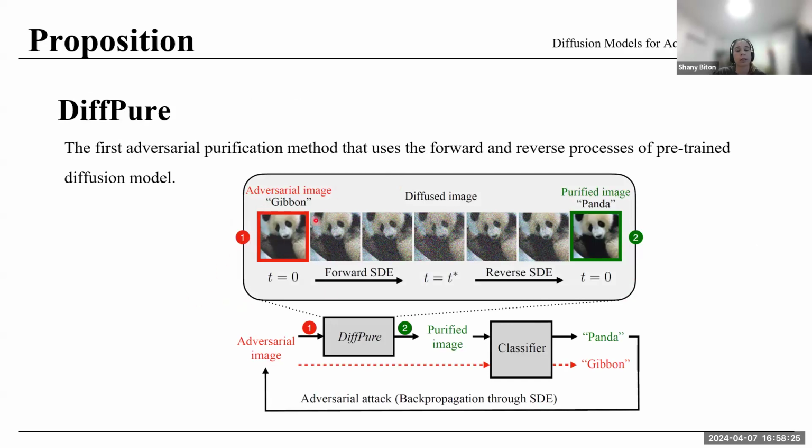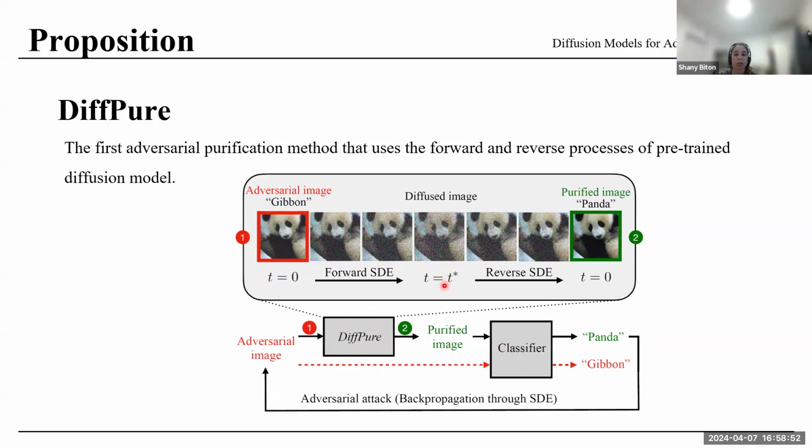So we have here an adversarial example. What they want to do is first pass it through the DiffPure model, which is a diffusion model. They take this adversarial image and pass it through the forward SDE, adding some Gaussian noise to it, and then we get a diffused image at timestamp T asterisk.